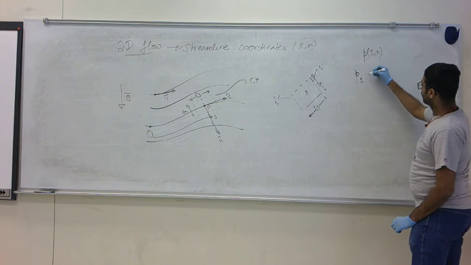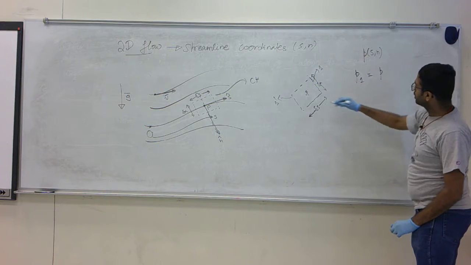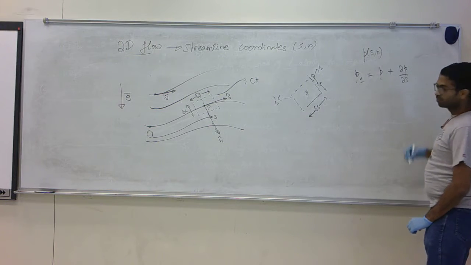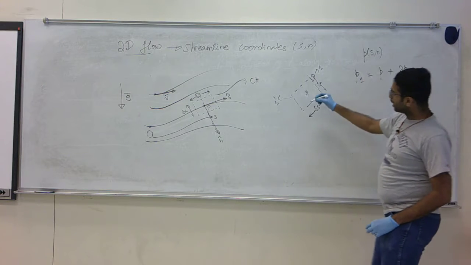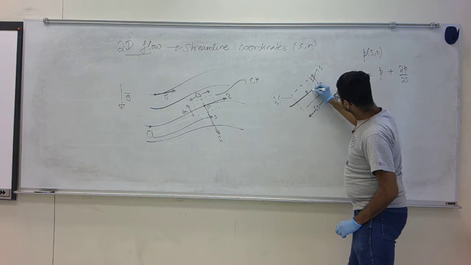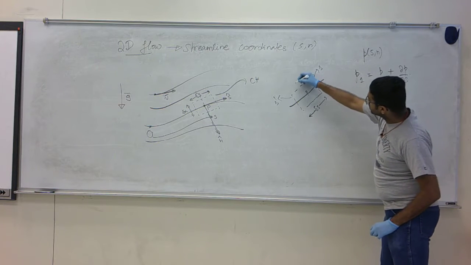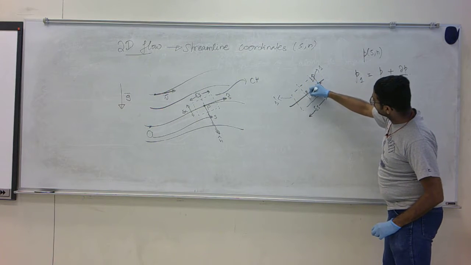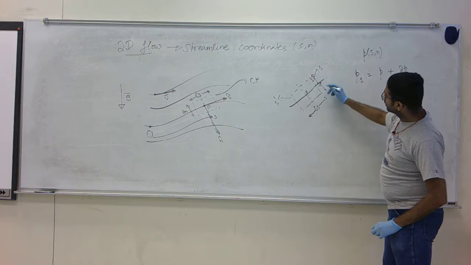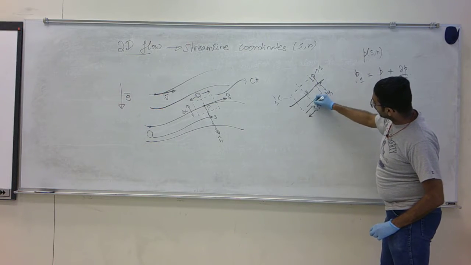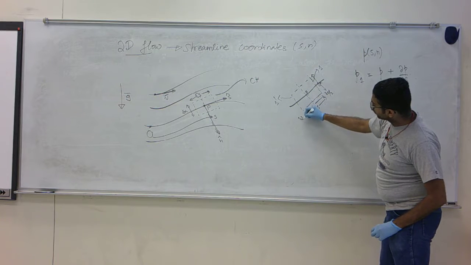The pressure on face 1 would be the pressure at P plus the rate at which pressure changes along s multiplied by the distance that we have traveled. So from the point P, this face is at a distance of delta s over 2, and the other face is delta s over 2.